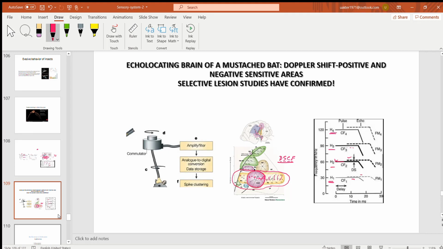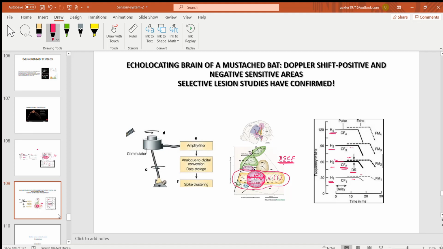And as I told you, the bats use this one, CF2, more. And this is something very interesting, that the bat produces the pulse in a way that the returning echo must fall in this DSCF area.